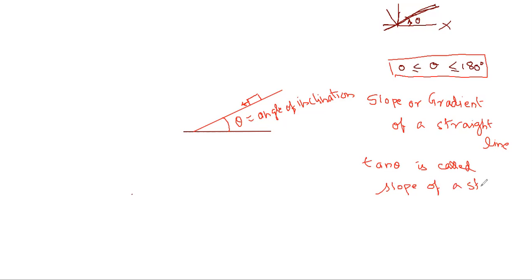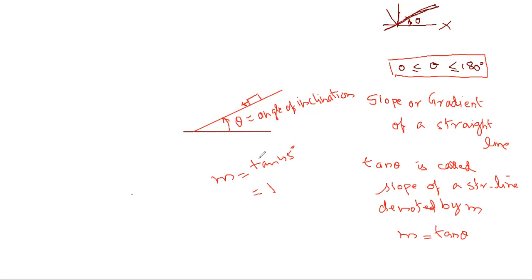It is denoted by small m always. So m is equal to tan theta is the slope of the line. And theta is the positive angle with the positive direction of x-axis. So if m is equal to tan 45, this line is making 45 degree. So tan 45 degree is equal to 1. So slope will be 1.